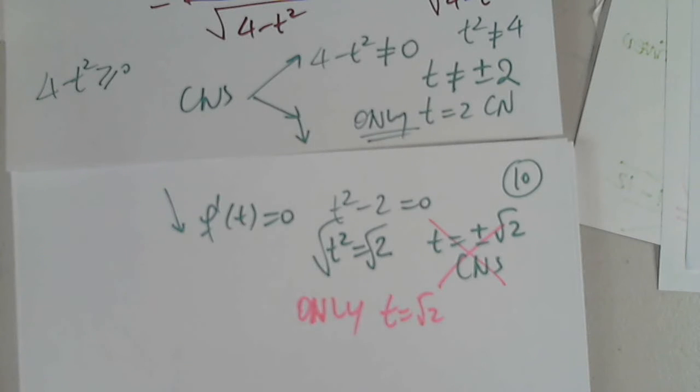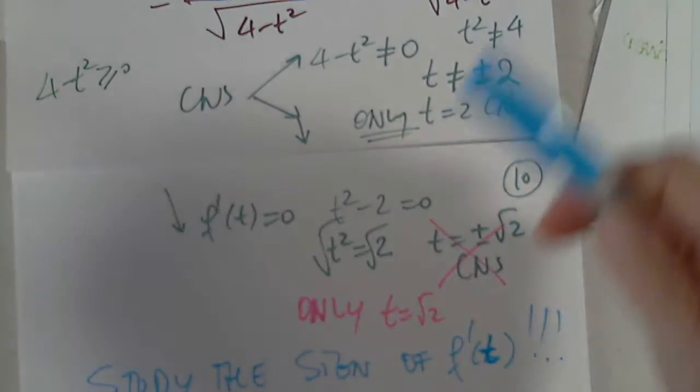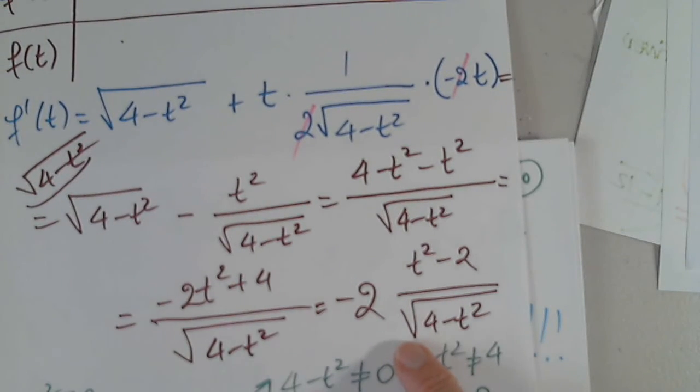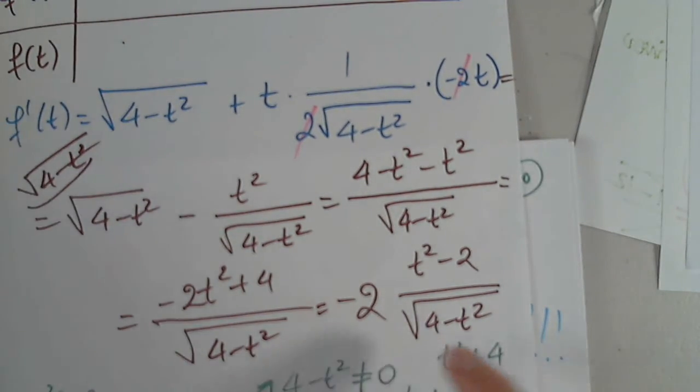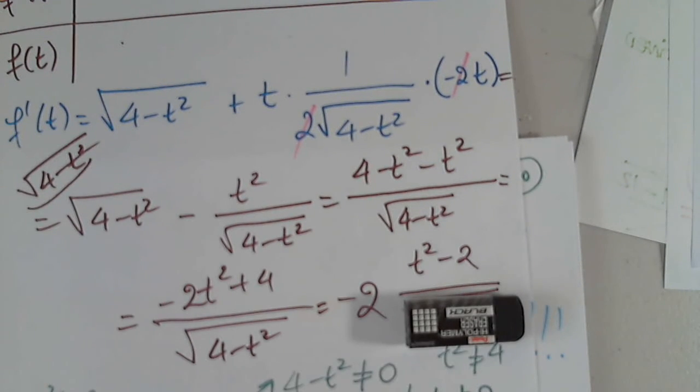Our next step is to study the sign of f prime of t. Okay? I go back to f prime of t, and I notice that this is a square root, which is always positive.